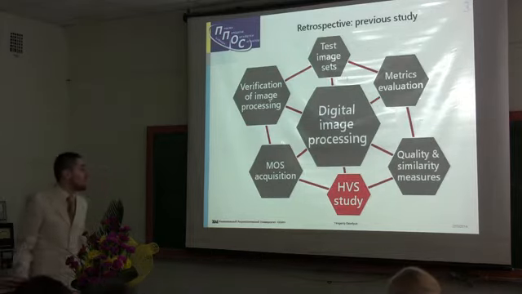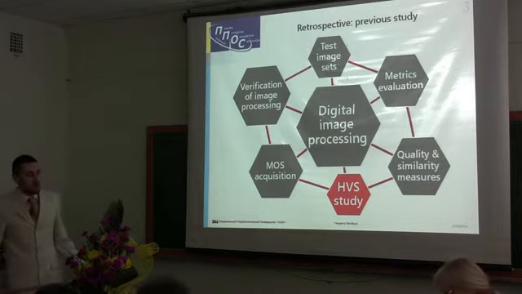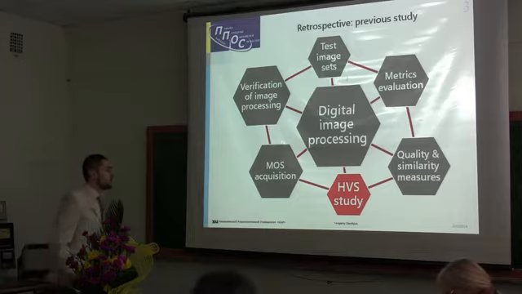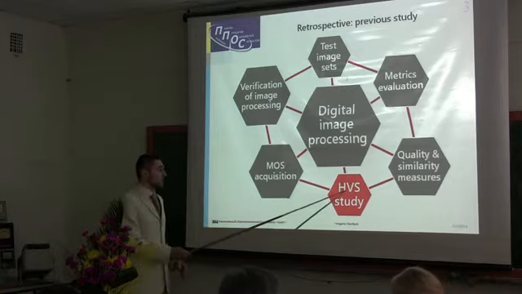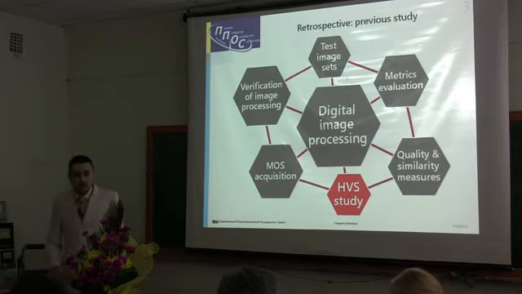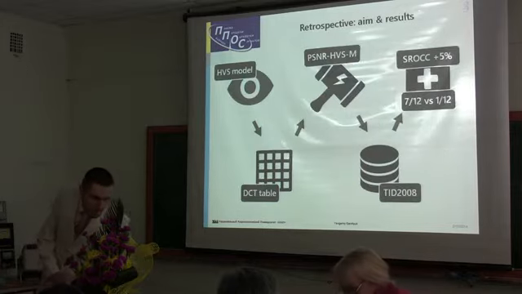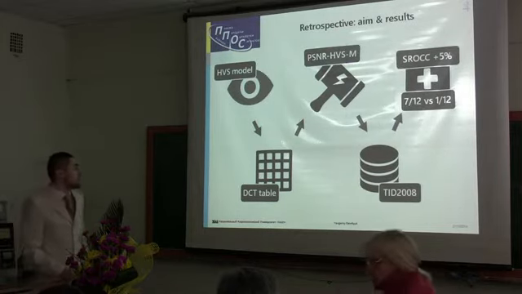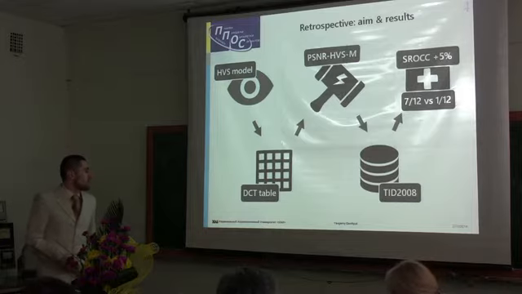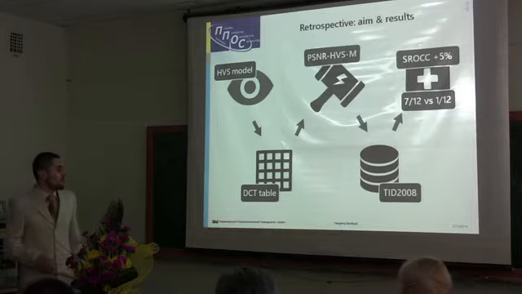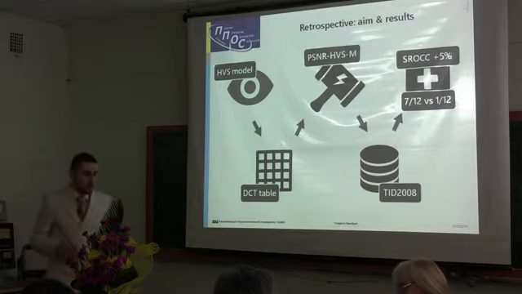Here's the big picture, and it's kind of a retrospective. I want to remind you what I did before with my colleagues. It was a human visual system study, and the last time we modeled this whole human visual system according to three studies: Kurth's, Ahumada's, and Barton.